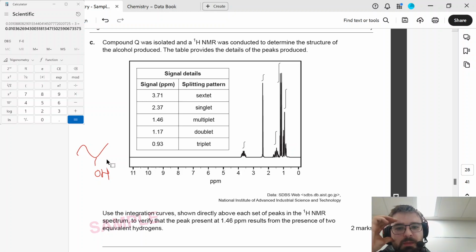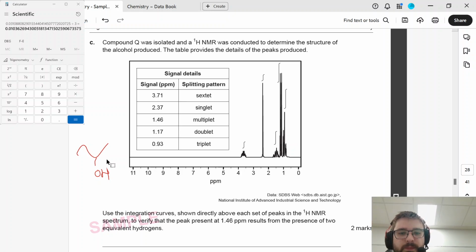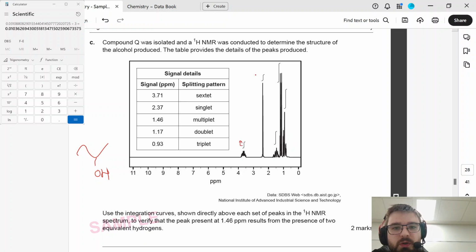So this would basically be measure the height. I don't have a ruler, I can't use a ruler on the screen, but I would measure the heights of all of these, divide them by the smaller one, and you should end up with this basically being 1 to 1 to 2 to 3 to 3.